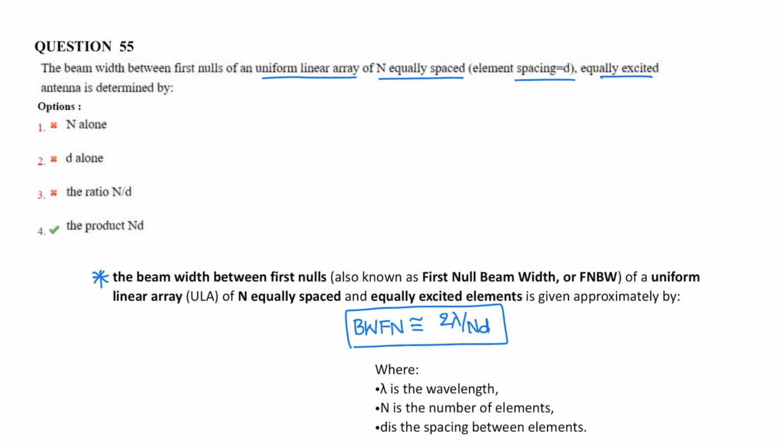So it is determined by the product of n into d, and it also depends on wavelength lambda. So correct option is 4.